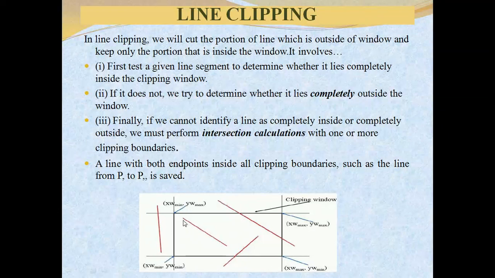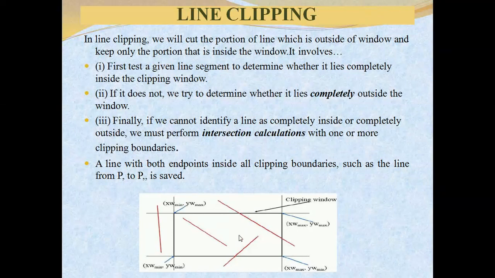Here the red line is completely inside the clipping window. This red line has one endpoint here, one endpoint here, and only those segments are inside. Now we clip only this part. This line, from this point to this point, is the clipping window. See the mouse pointer, and there are various line points defined.